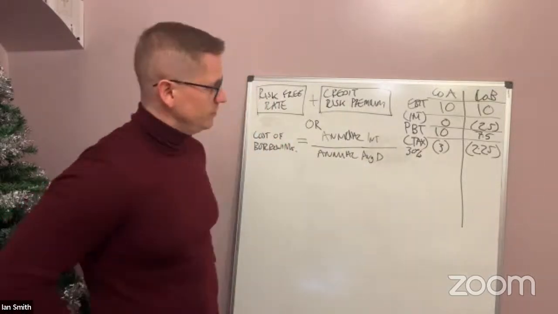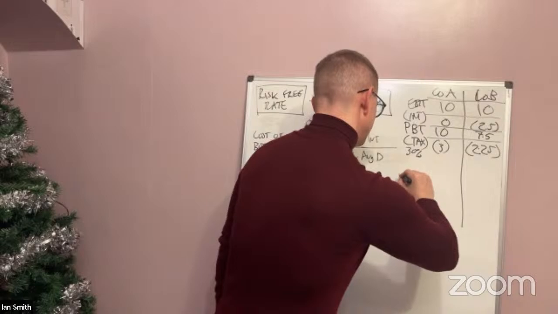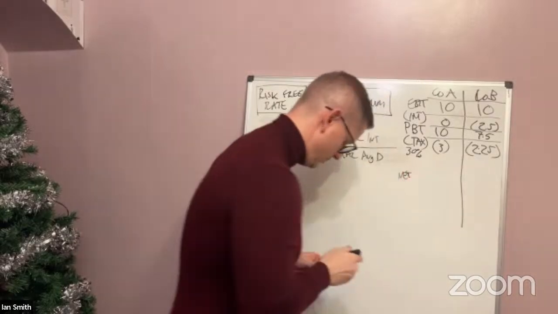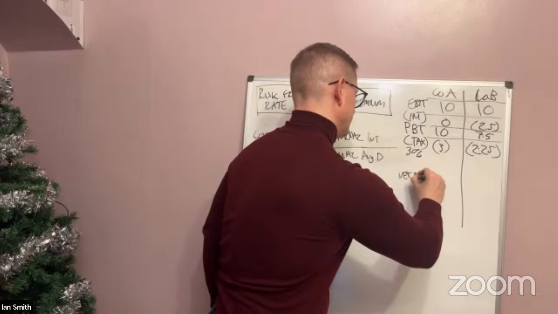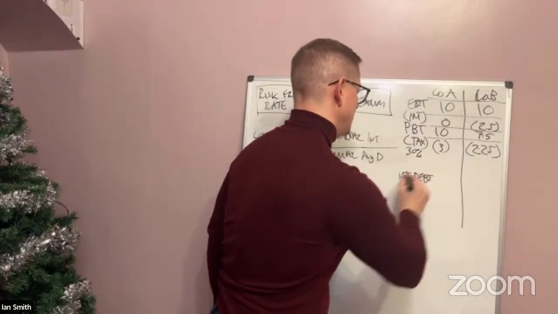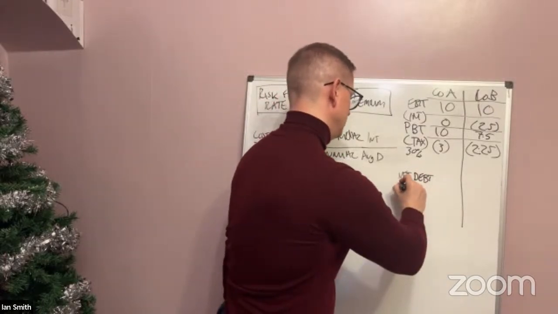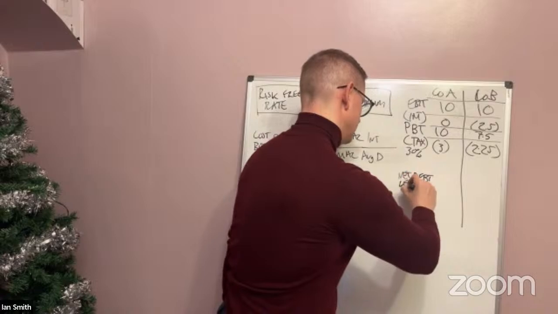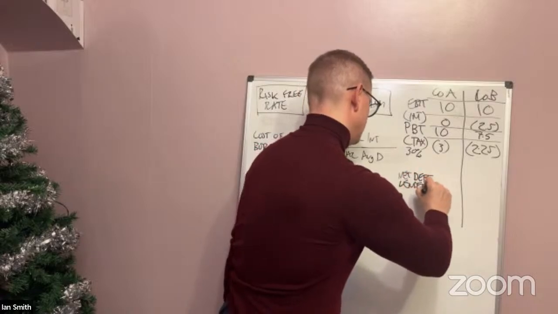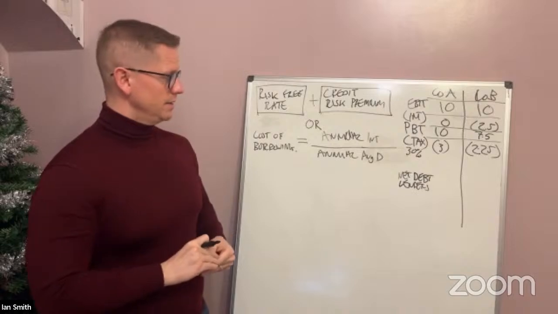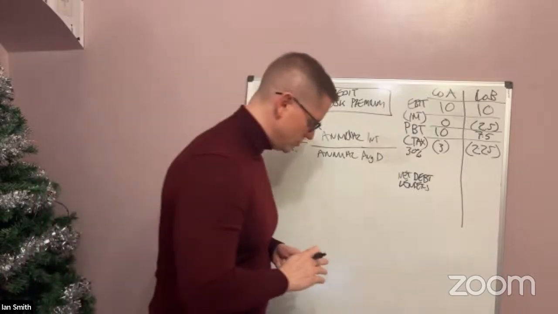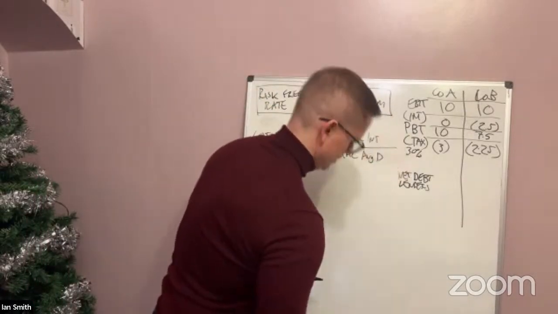So if we look at the net debt, let's see if we've got a better pen. Net debt to lenders. Then we've got net interest to debt holders.